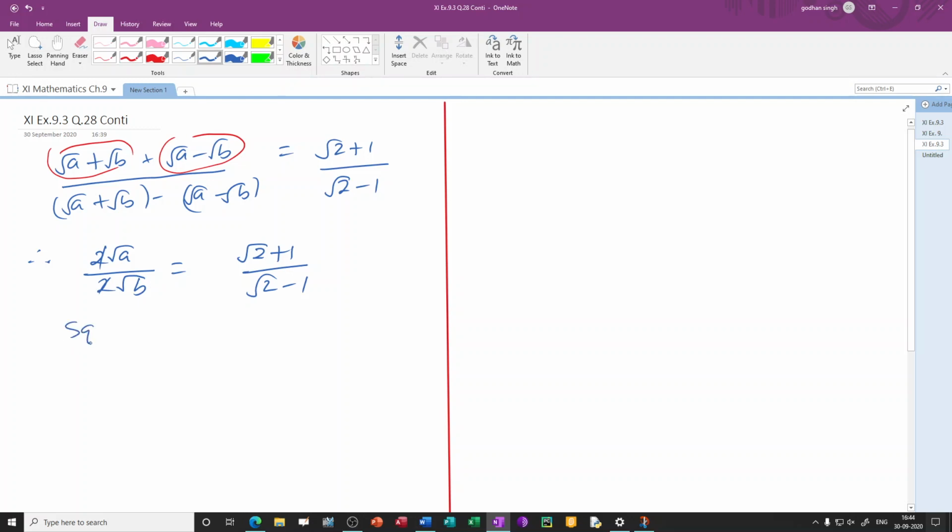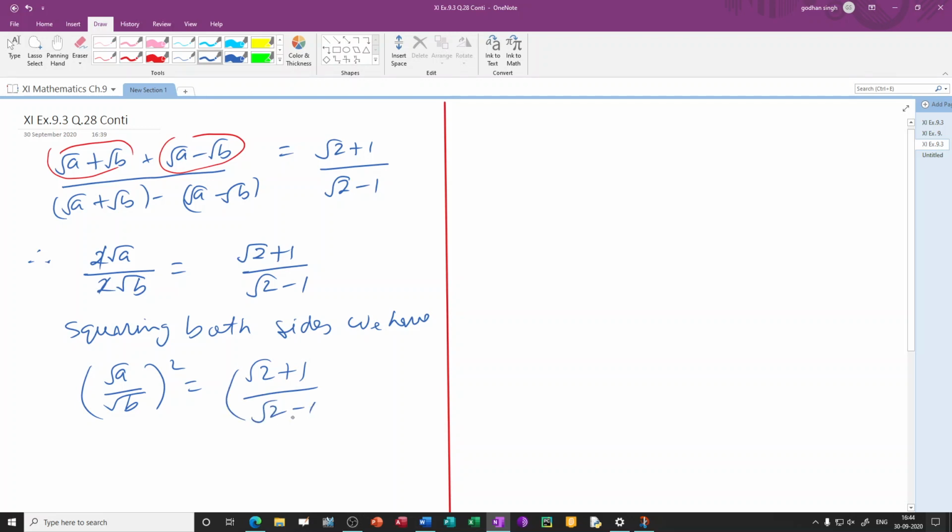So squaring both sides, we have root a over root b whole square, that is equal to root 2 plus 1 over root 2 minus 1 whole square. Now we'll simplify this.